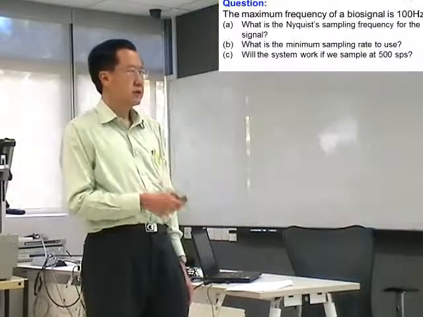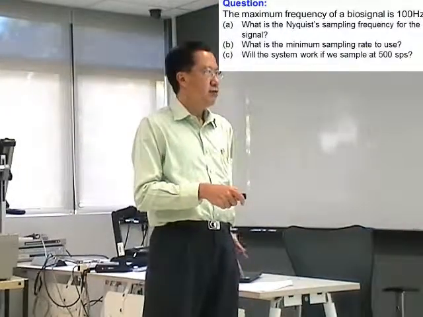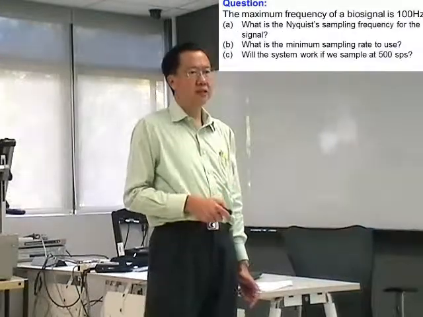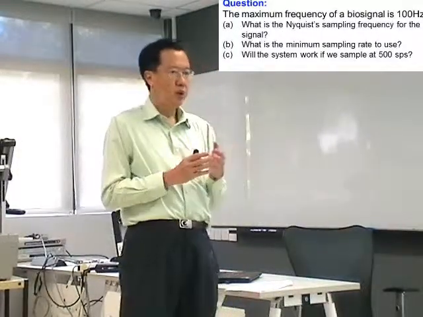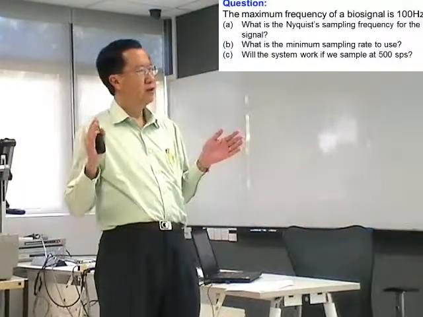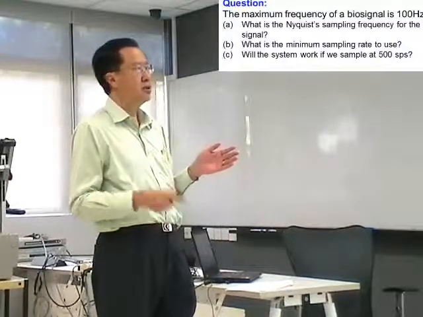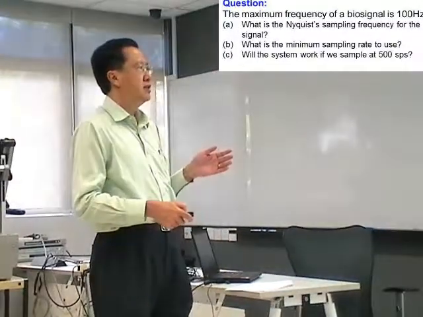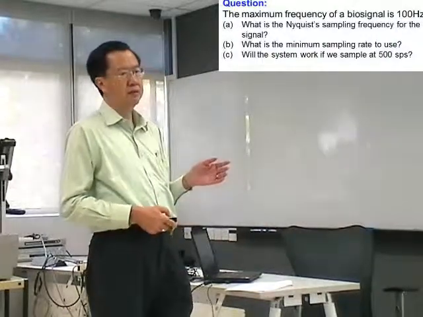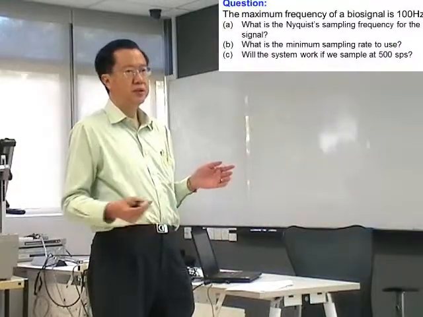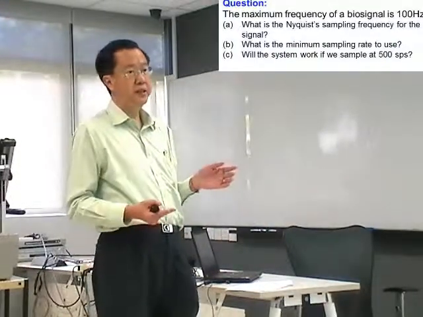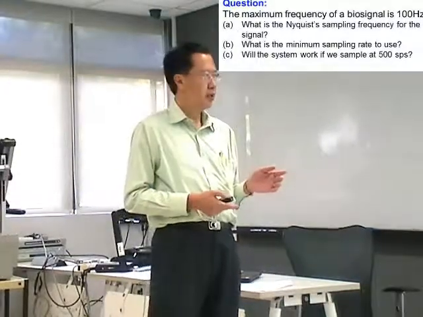Question. So let's take a look. If the maximum frequency of a biosignal is 100 Hz, so that's Fm equals 100 Hz, what is the Nyquist sampling frequency for the signal? What do you think is the answer? It should be twice, that's right, twice.